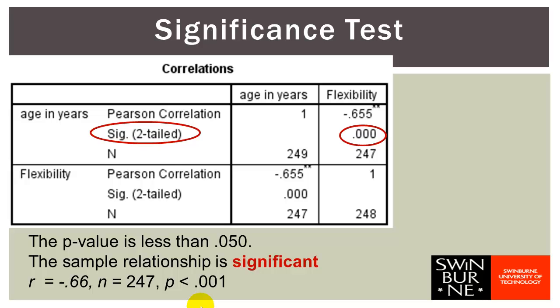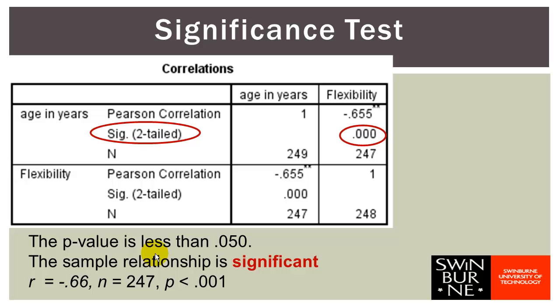So we knew the age of 249 people. You can see that the value of n in the age in years cell, that top left-hand corner cell, is 249. In the bottom right-hand corner, n is 248. So we knew the flexibility for 248 people. But when you look at the cells that include both flexibility and age, there were only 247 people for whom we knew both their age and their flexibility.